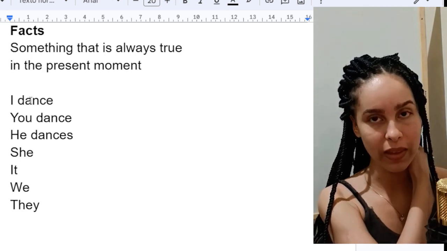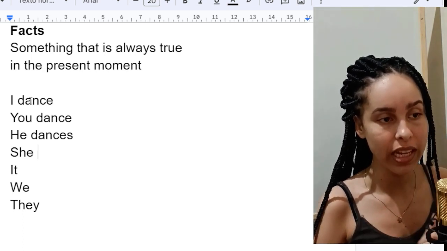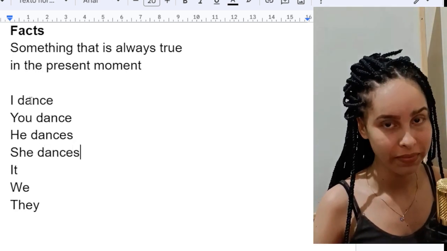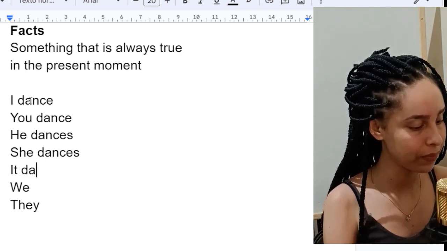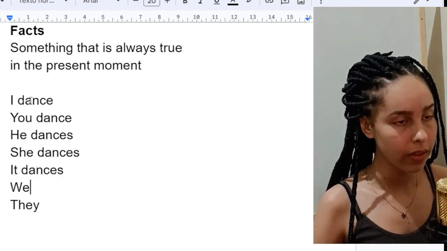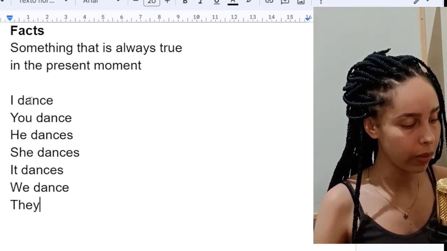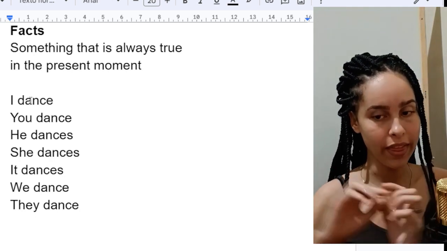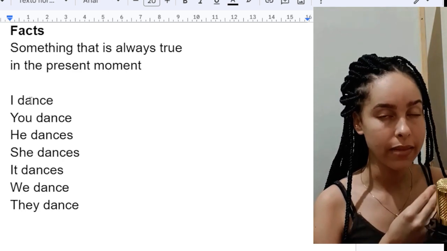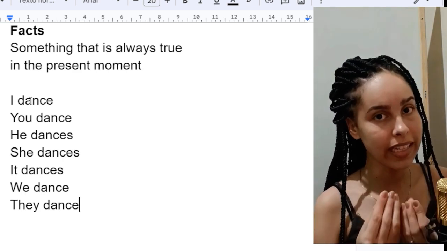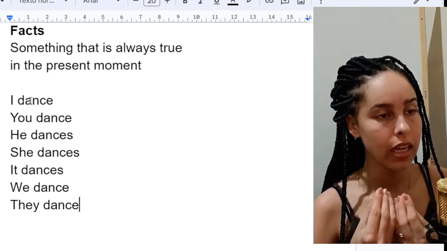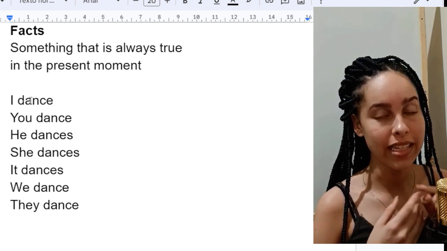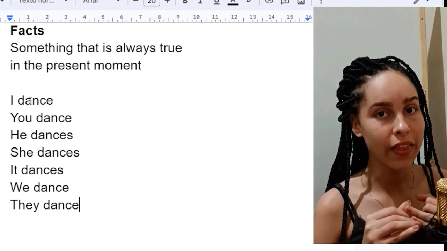So we have to put this S at the end of the word when talking about he, she, and it. The other ones are without the S. So I, you, we, and they dance. He, she, and it dances. So I dance, you dance, he dances, she dances, it dances, we dance, they dance.